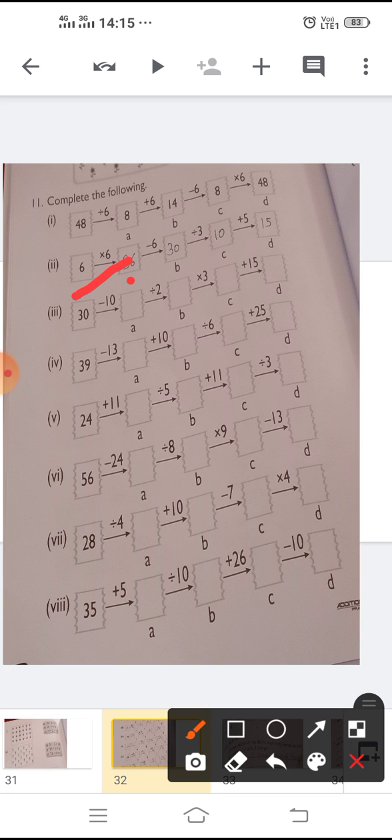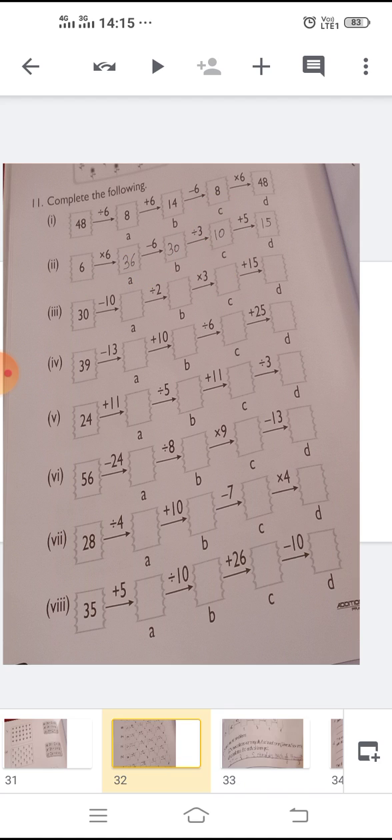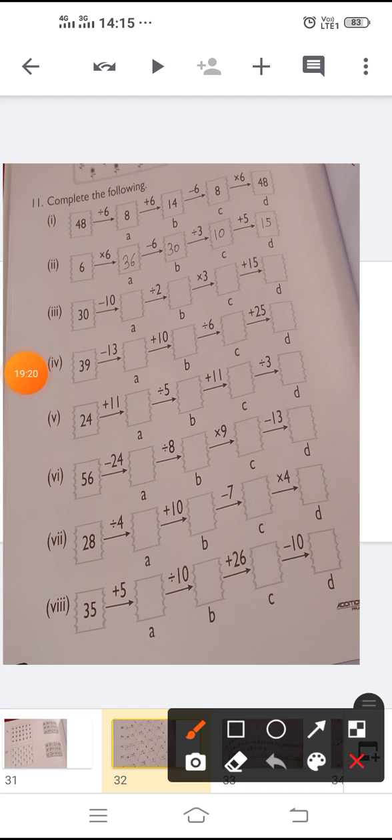Okay. Then 36 minus 6. Minus sign is there. So we will get 30. Now 30 divided by 3, that will give us 10. Now 10 plus 5, that will give us 15.